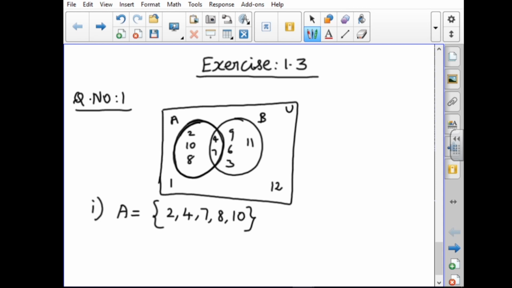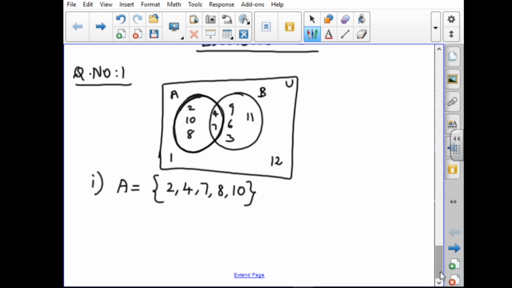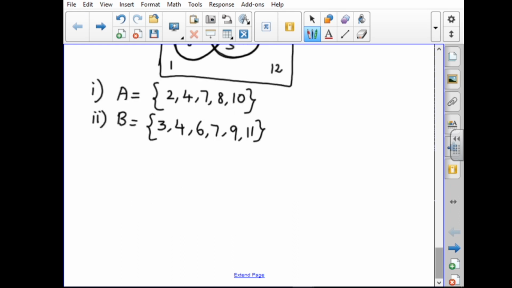Then the second one, B. B means you use the whole B set. The elements are 3, 4, 6, 7, 9 and 11.